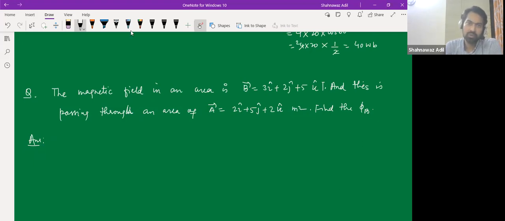Since no specific angle is specified, we take it as normal to the surface. Okay, Mariam, so what do we have? Flux is B dot A, the dot product, right? Think about it. What would be the dot product? We have done the vectors part, right?